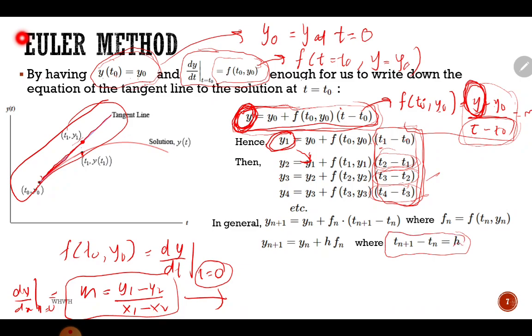It means the gap between the time steps, t0 to t1, t2, t3, t4, should be equally spaced, equal to h. So here we can say y(n+1) equals yn plus h Fn. Okay, h Fn. How does this happen?